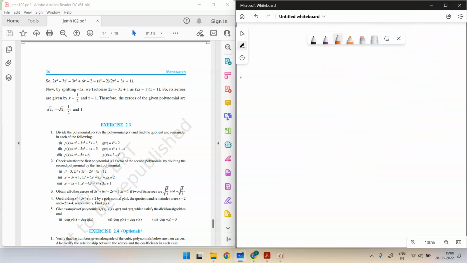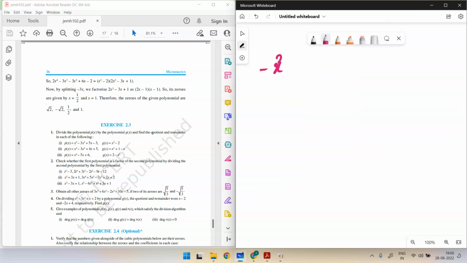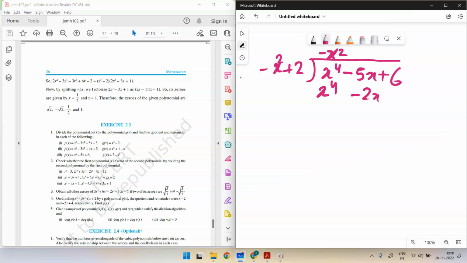The next part. Two minus x square is written as minus x square plus 2. The polynomial is x4 minus 5x plus 6. x4 minus x square to multiply by minus x square, so it becomes minus x square, and minus into minus gives plus, x power 4, and minus 2x square.